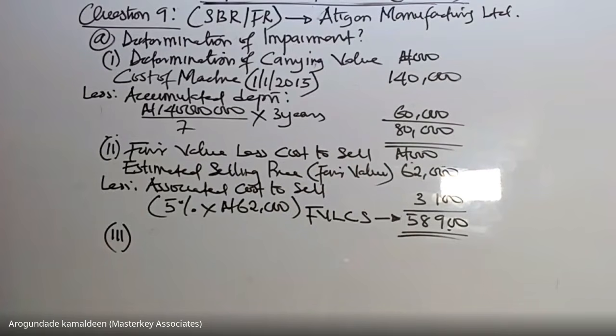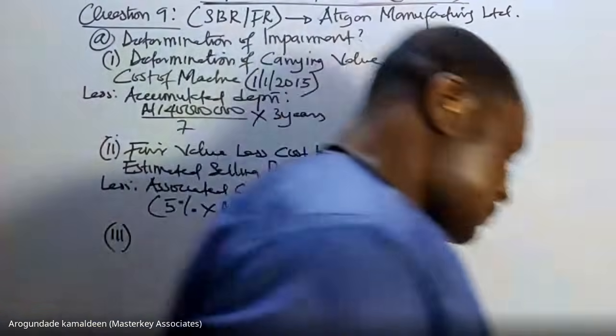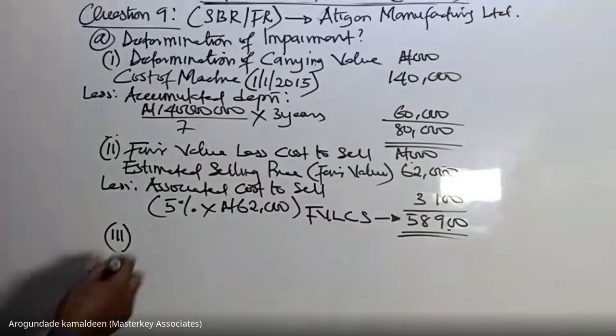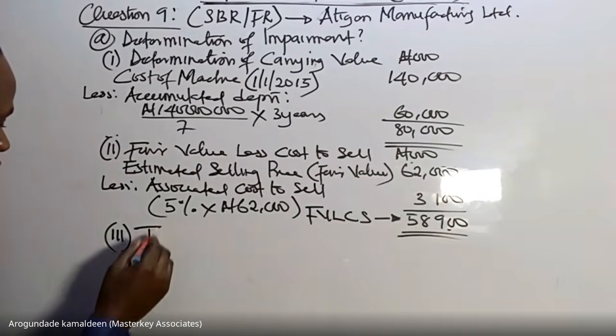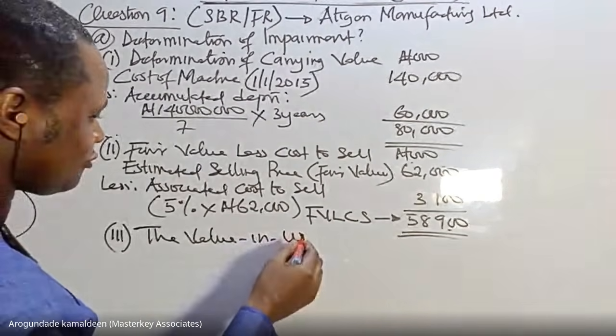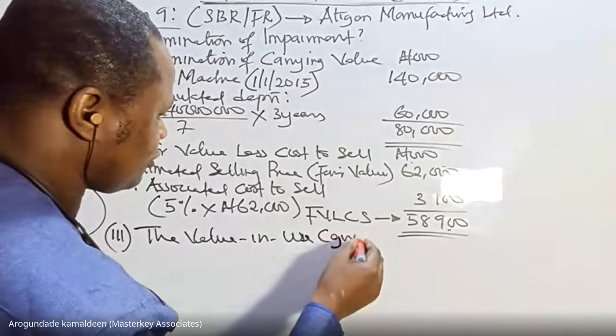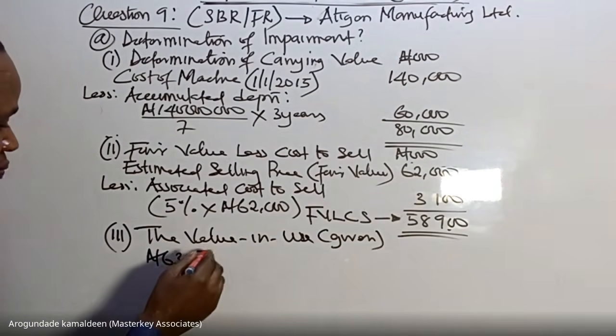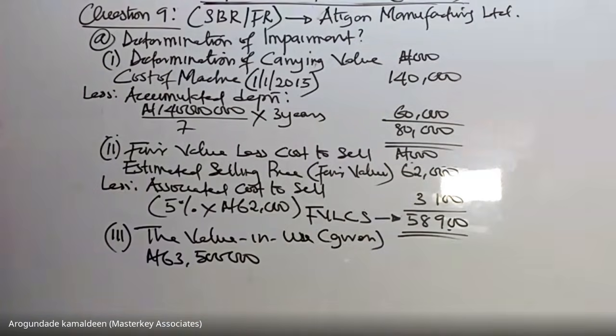Okay, that is that. Now, how do we find the value in use? Do we have it there? Yes, sir. We have it. 63.5. Thank you. So the value in use given is 63.5 million.